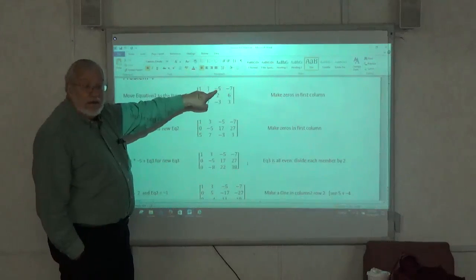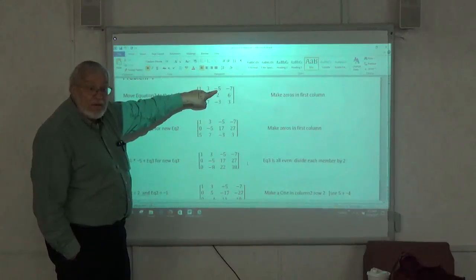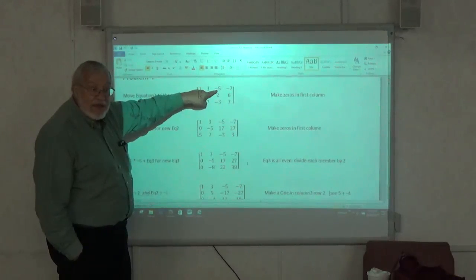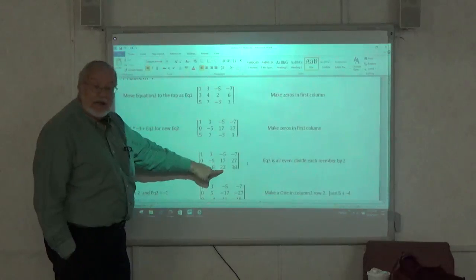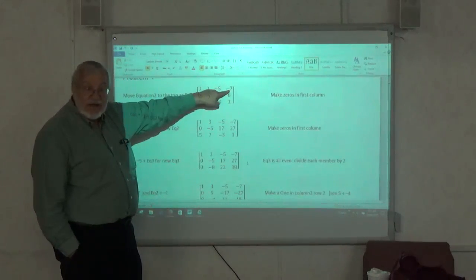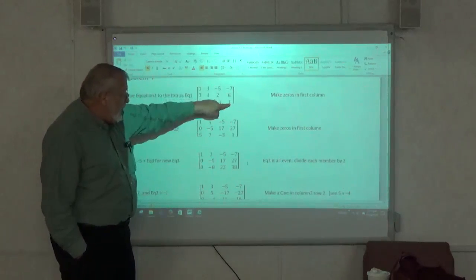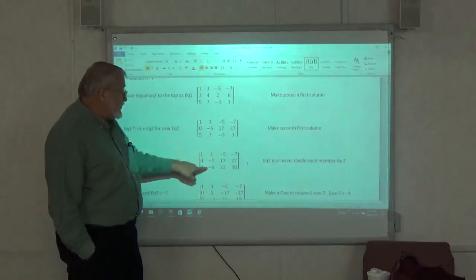And then -5 times -5. How much is that? 25, 25 plus -3 is 22, and then -5 times -7 is 35, 35 plus 3 is 38. So that's the manipulation of those rows.